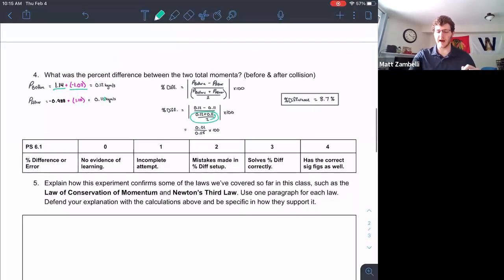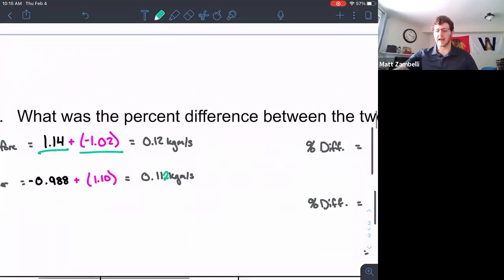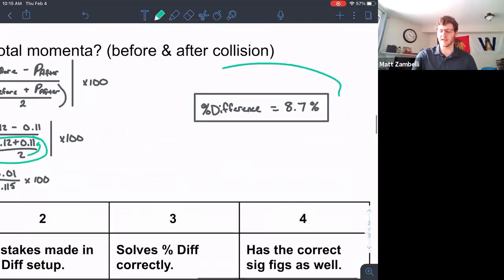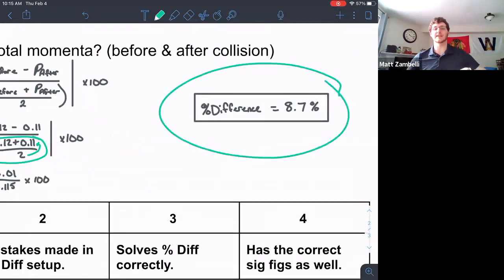We could have talked about the before and after and the percent difference, and the fact that these values are super close to one another and our percent difference is very small, which means that our momentum before and after are almost exactly the same, meaning there was little to no momentum loss throughout this collision, meaning there is a total conservation of momentum, or that the momentum before is equal to the momentum after.